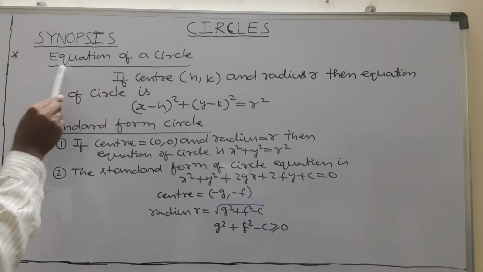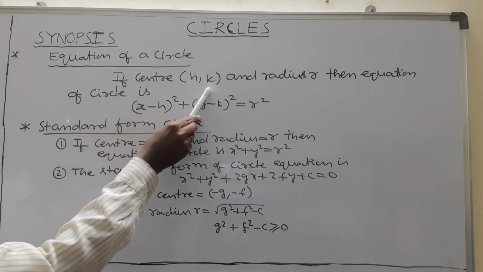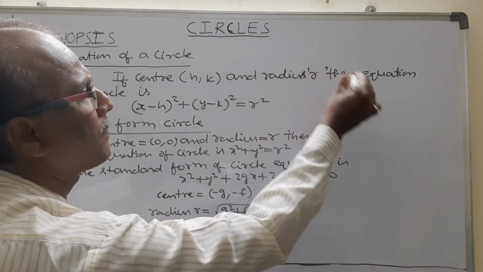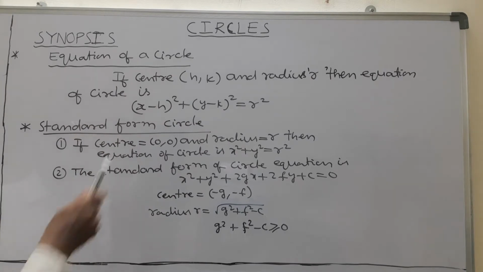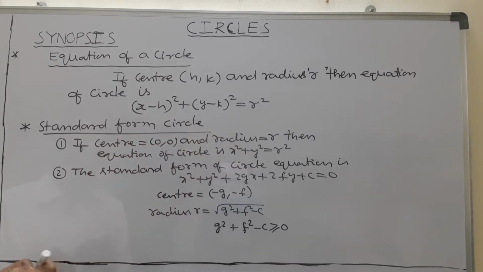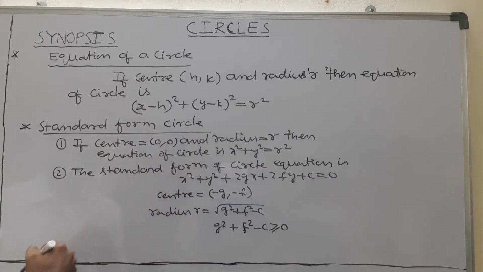Next, the equation of a circle. If the center is (h, k) and the radius is r, then the equation of the circle is (x minus h) whole square plus (y minus k) whole square is equal to r square. This is the formula. Next, we discuss the standard form of a circle.